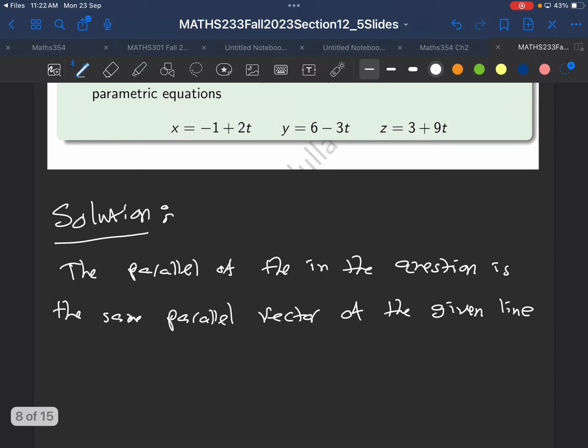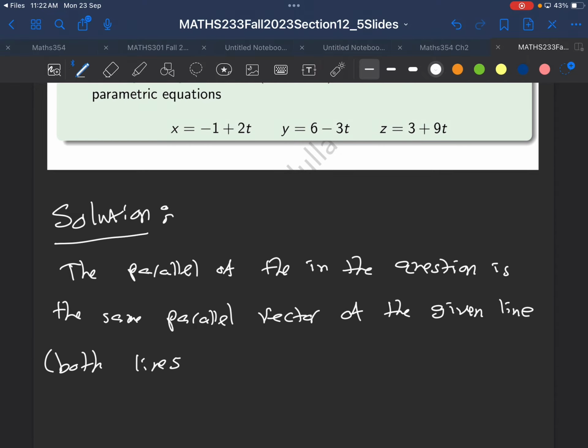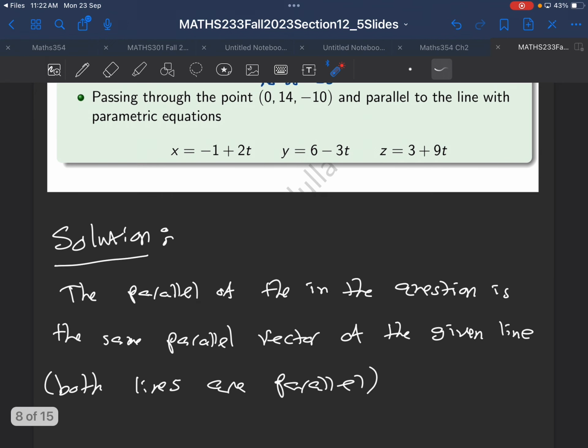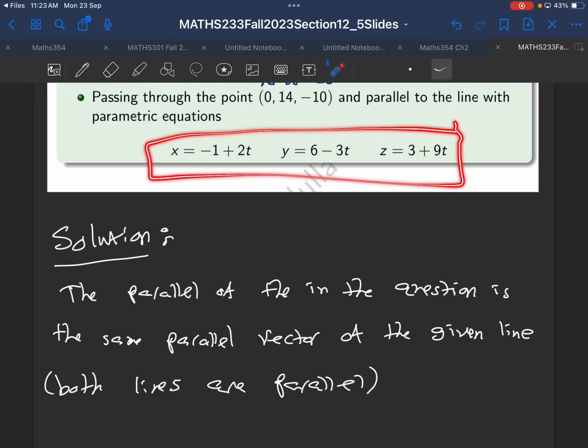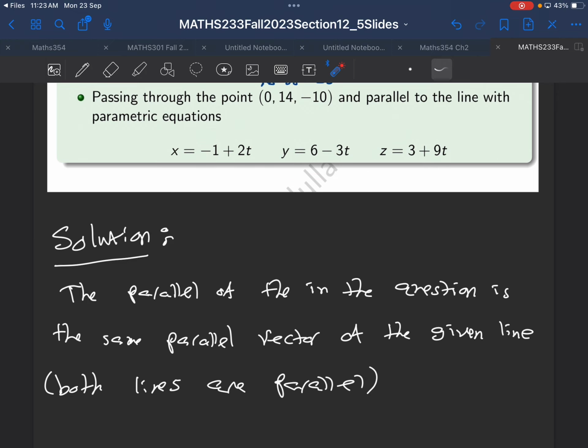Why is this true? Because both lines are parallel. In the question, it gives me that the line I'm looking for is parallel to the line given by those equations. So the vector that is parallel to both is already there.